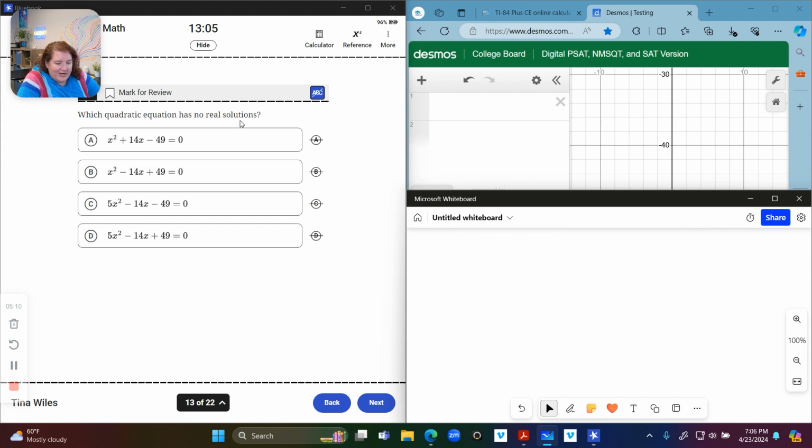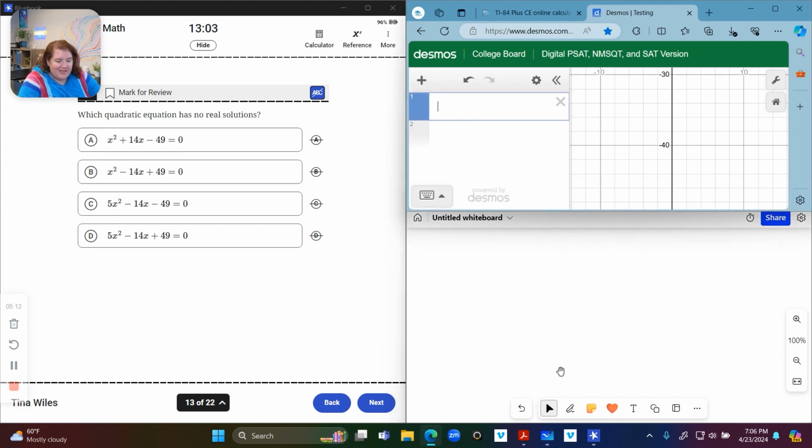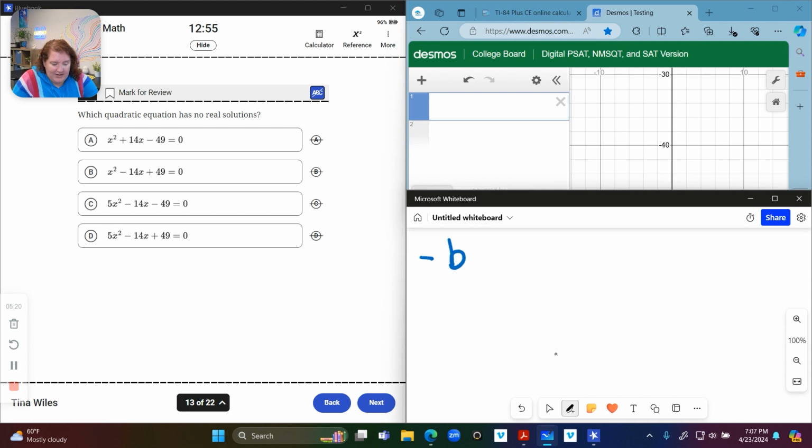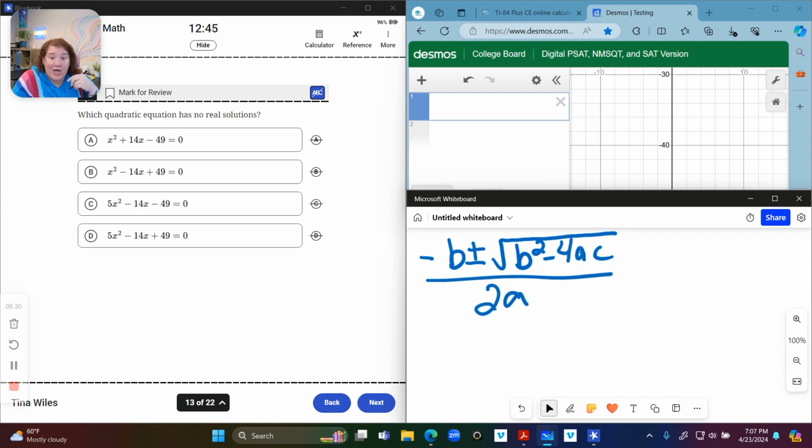Which equation has no real solutions? No real solutions means the discriminant is negative. In the quadratic formula, negative b plus or minus the square root of b squared minus 4ac, all over 2a, hopefully this rings a bell, the part b squared minus 4ac is called the discriminant.